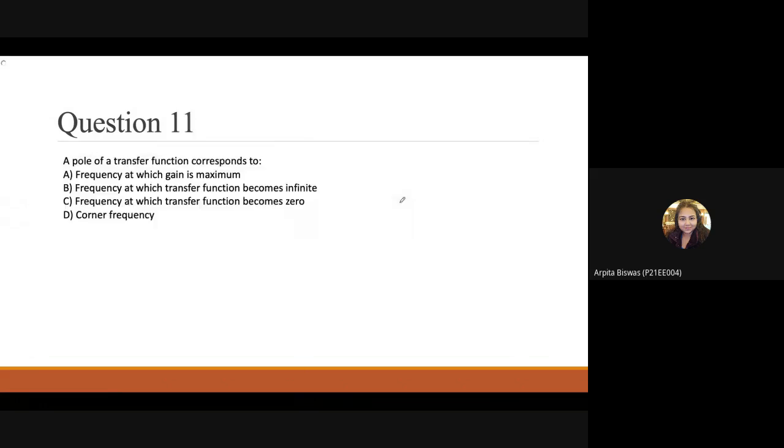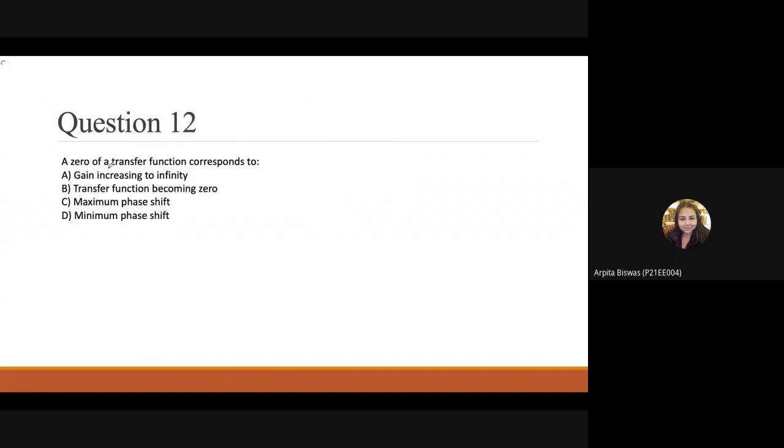Question number 11. A pole of a transfer function corresponds to. What is the right answer here? Option B, ma'am. Yes, option B: frequency at which the transfer function becomes infinite. Next, question 12.